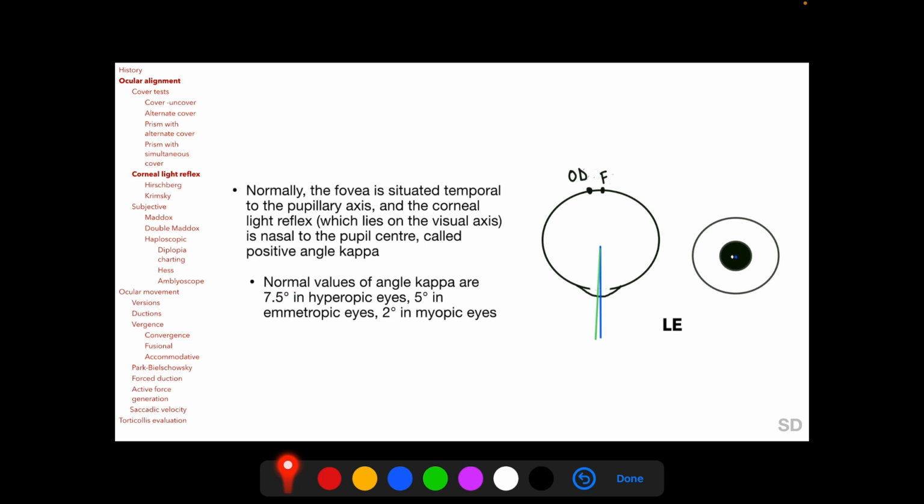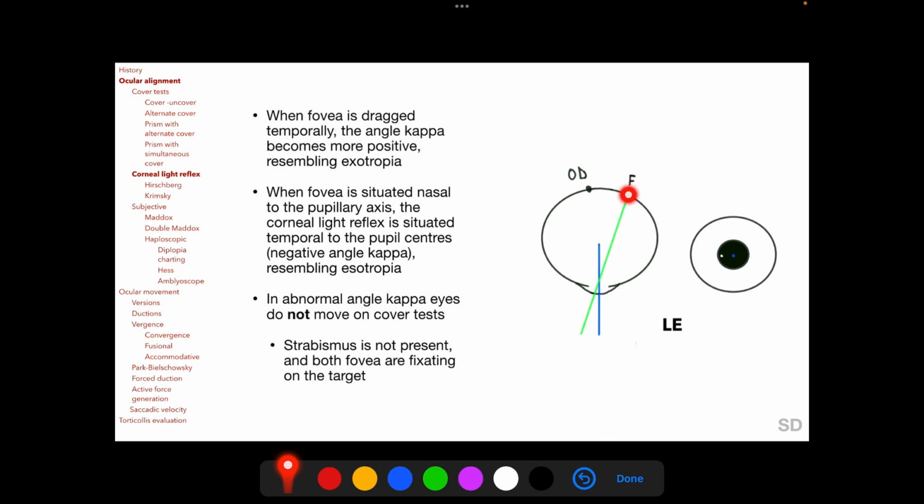Normal values of angle kappa are 5 degrees in emmetropic eyes, slightly higher in hyperopic eyes, and slightly lower in myopic eyes. When the fovea is dragged temporally, the corneal light reflex is shifted further nasally away from the pupillary center. The angle kappa becomes more positive, and as seen here in this diagram, it appears that the patient has exotropia.